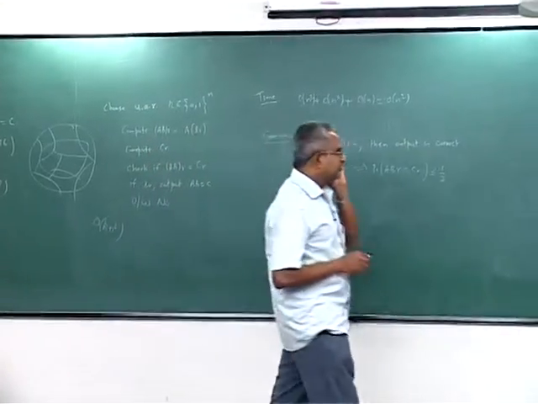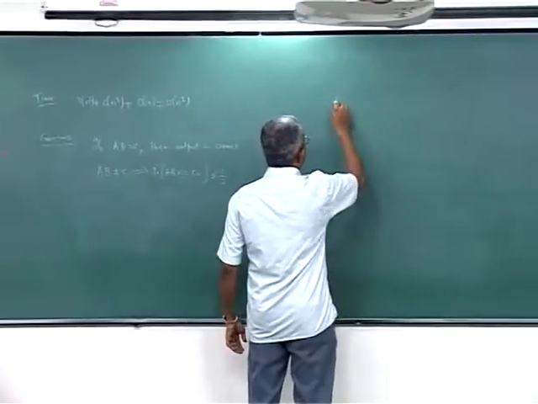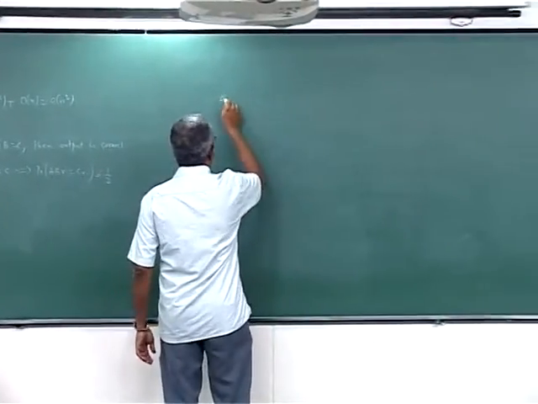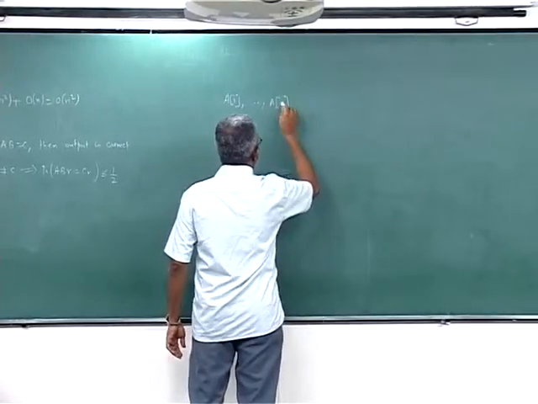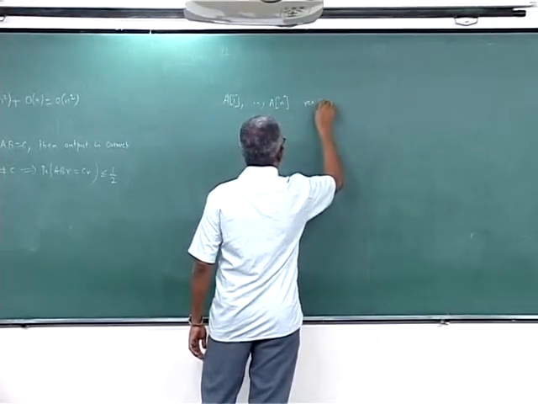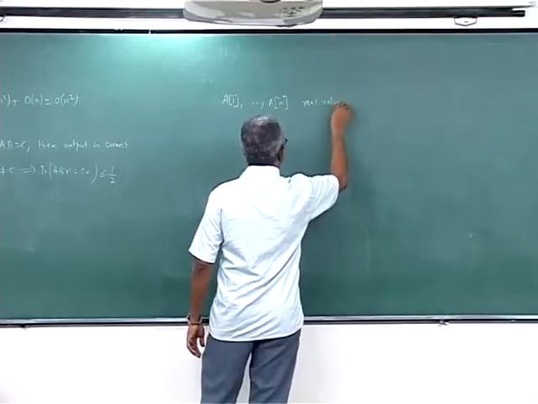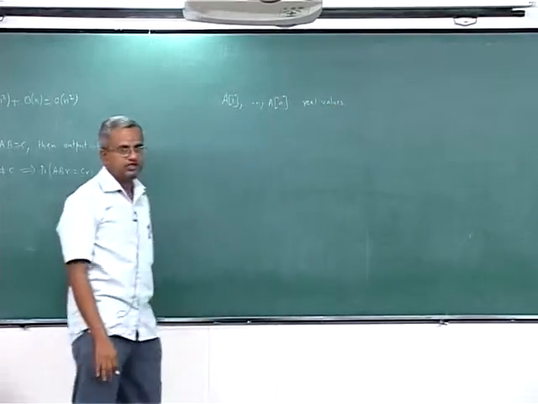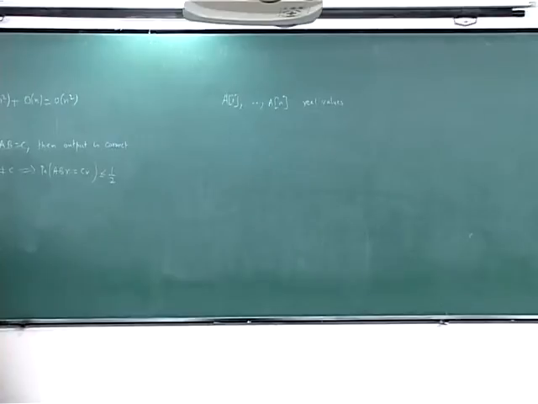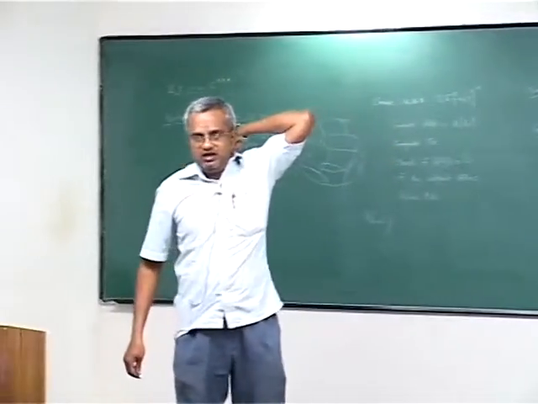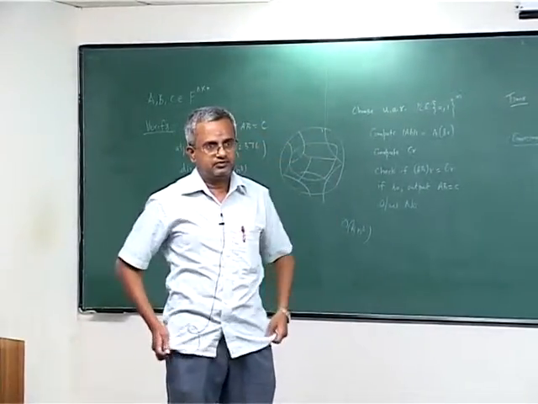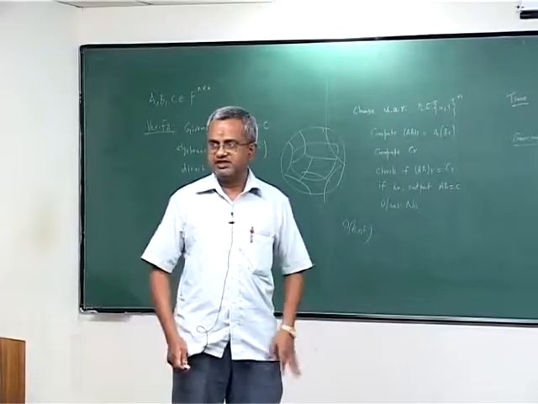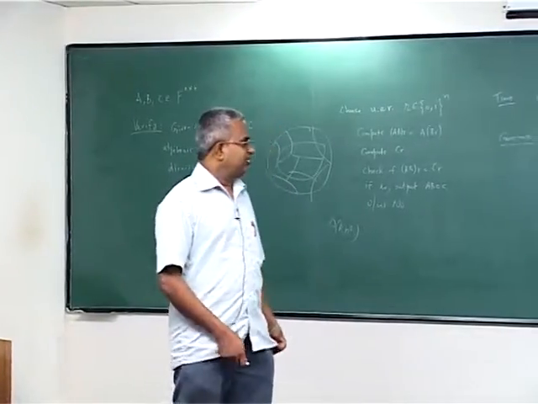Suppose you have an array A of n real values. Now, you want to know if this array has what we call a majority element. These real values need not be distinct.